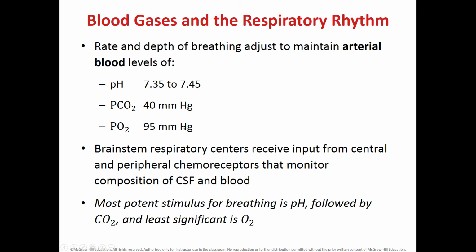So whenever you have an increase in the CO2, you will stimulate the respiratory rate. And this is because we have chemoreceptors in the cerebrospinal fluid and in the blood that help to detect the levels of CO2.